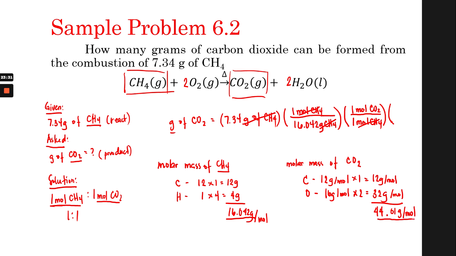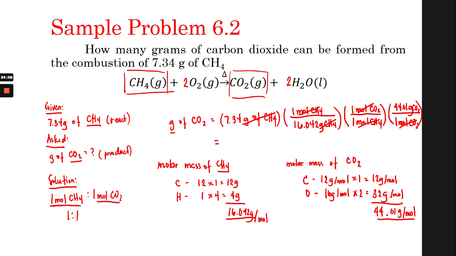So now you have your molar mass of CO2. We know that every 1 mole of CO2 is equivalent to 44.01 grams. So you can cancel your moles, and what's left is grams of CO2. Just plug all of that into your calculator: 7.34 times 1 divided by 16.042 times 1 times 44.01 divided by 1.